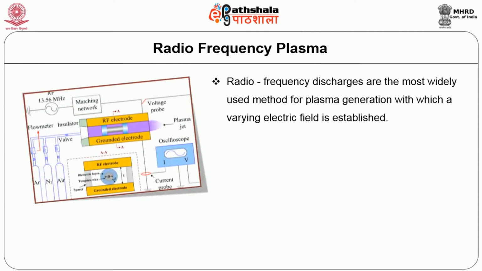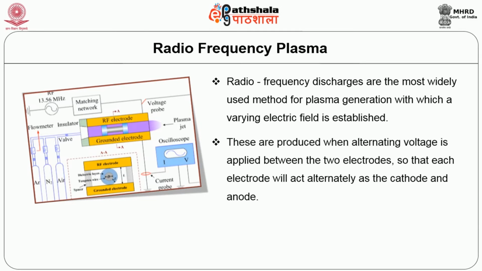Radio frequency discharges are the most widely used method for plasma generation, with which a varying electric field is established. Radio frequency discharges are produced when alternating voltage is applied between the two electrodes so that each electrode will act alternately as the cathode and anode.